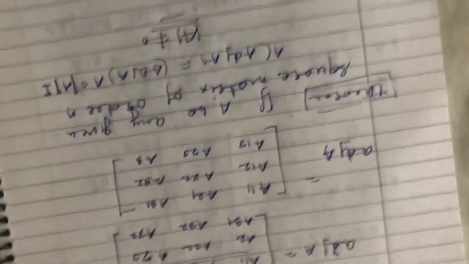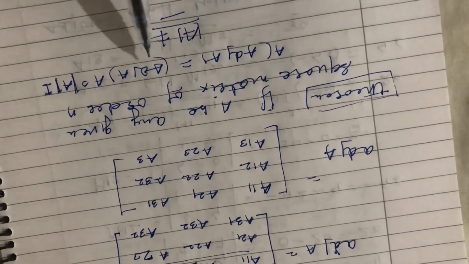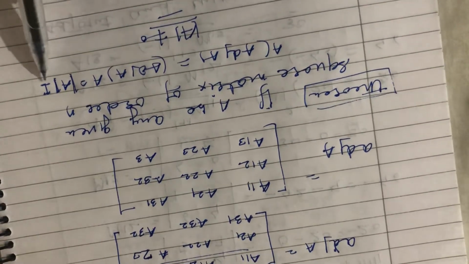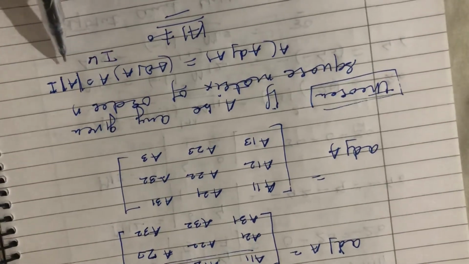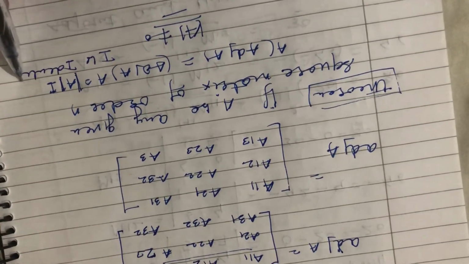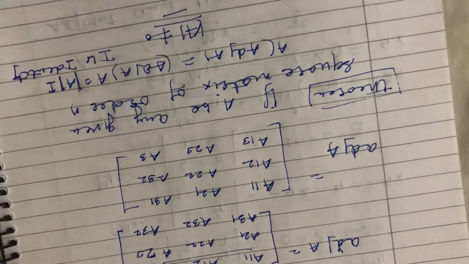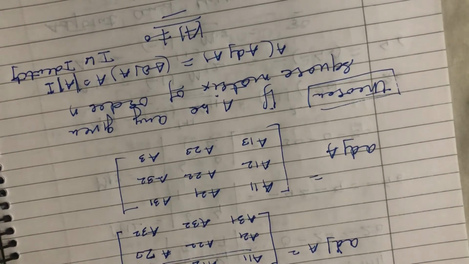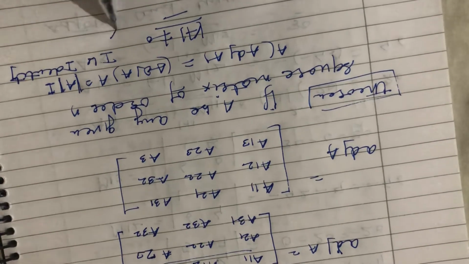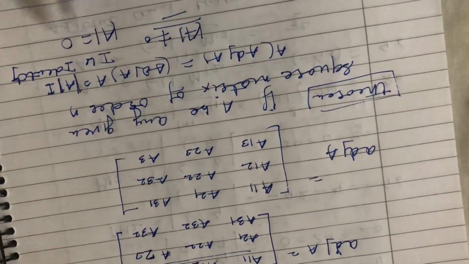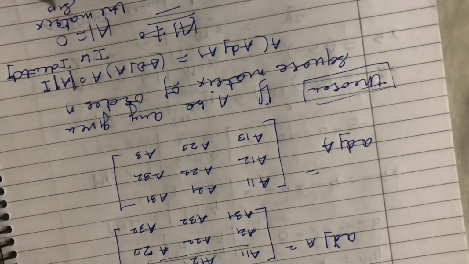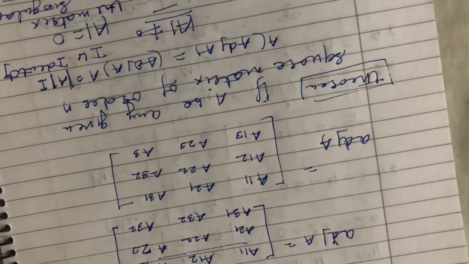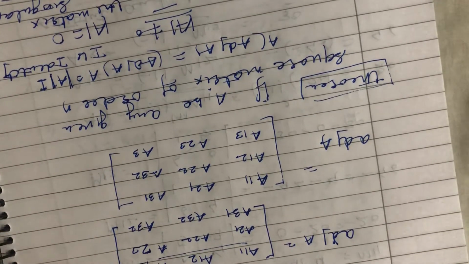Here I is an identity matrix. If determinant of A is equal to 0, we call it a singular matrix. Correct?